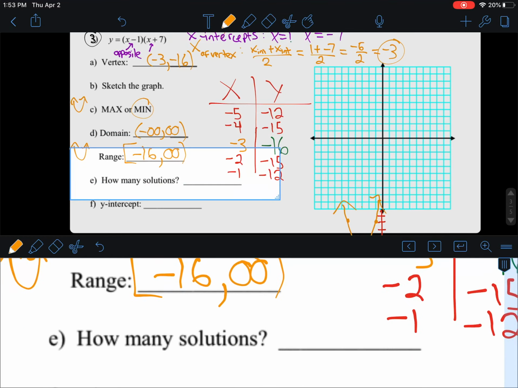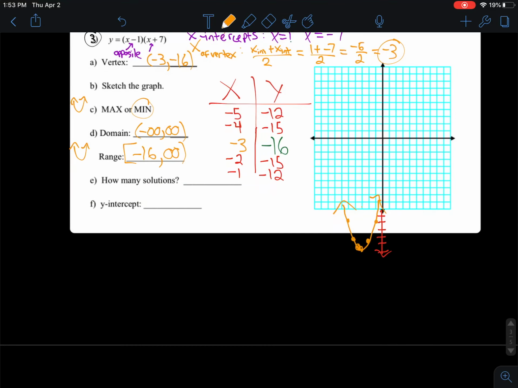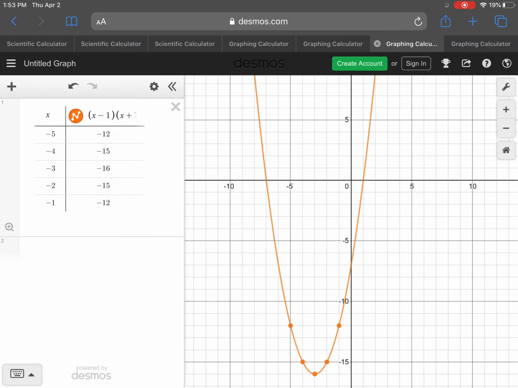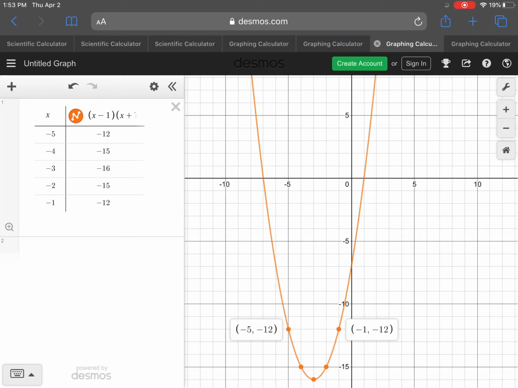How many solutions are there? Again, it looks like there's going to be no solutions here. But understand, this keeps going on forever and ever. If you look at your graph, these are the points that we plotted, but it goes on forever, and they actually do have x-intercepts or solutions.